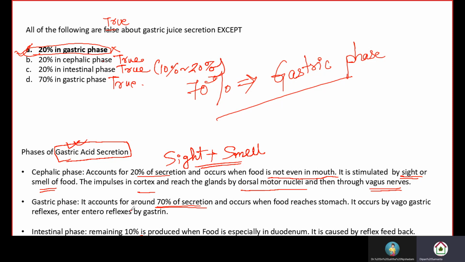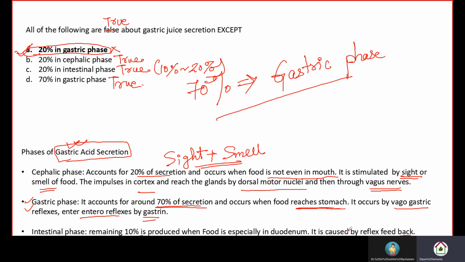Okay, next is the gastric phase, when the food reaches the stomach, and it occurs by the vasovagal reflex and enteric reflexes by gastrin. So when the food is in the stomach, it is the gastric phase. And the intestinal phase, as the name suggests, is when the food, especially in the duodenum, causes reflex feedback.